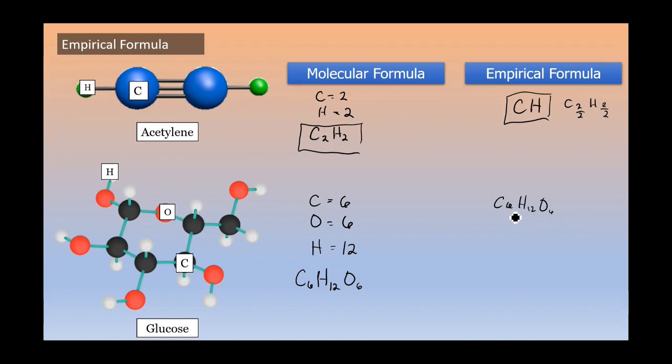Remember that we need to divide it by the lowest ratio, or the smallest number that we have, which is 6. So when we divide it, we will have C, carbon, H2, and then O. So this will be our empirical formula. And also Aaron, okay, very good, Aaron.